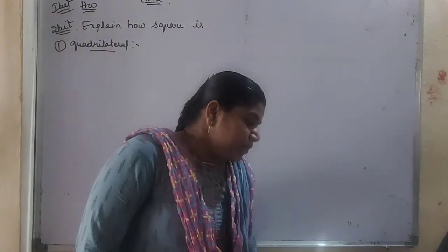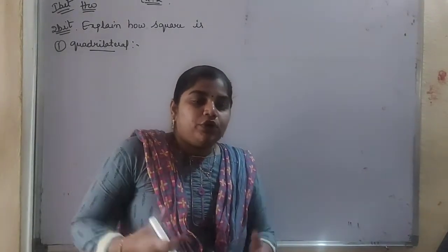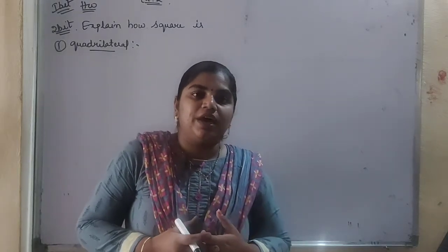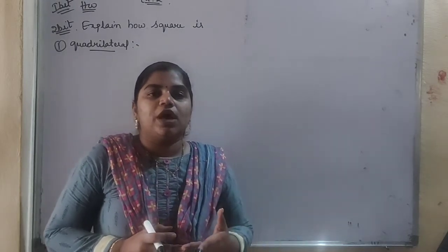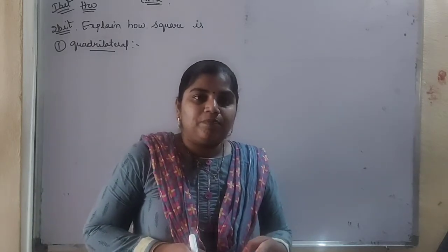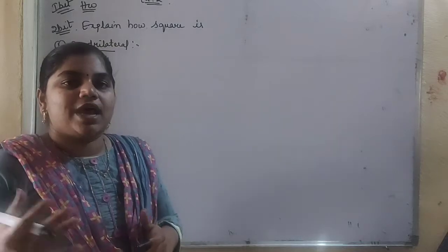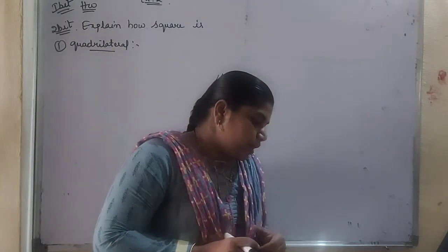Because what do you mean by quadrilateral? It is a closed figure with 4 line segments. Is it right? In the same way, square is also having 4 line segments and it is a closed figure. That's why we are calling this square as a quadrilateral. We have to write that only.